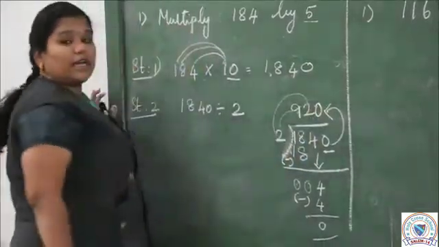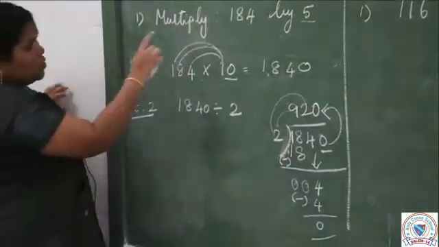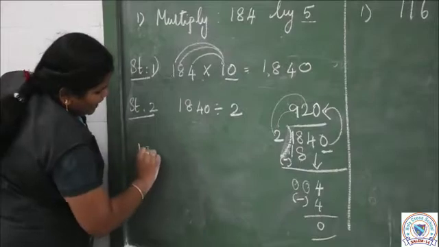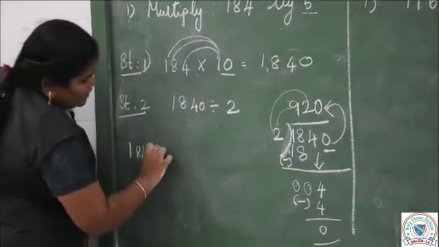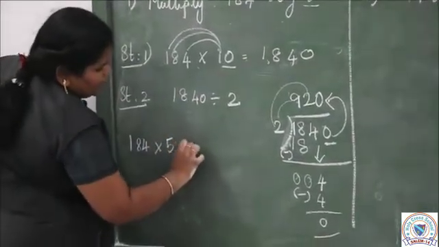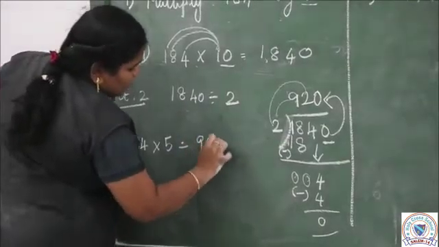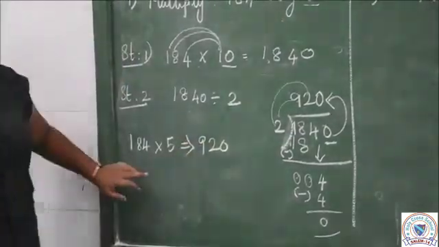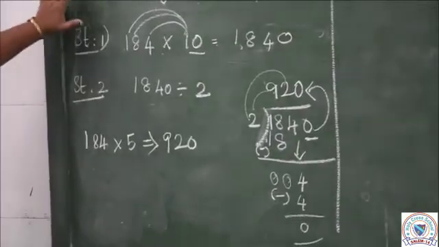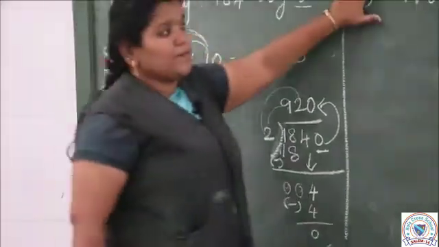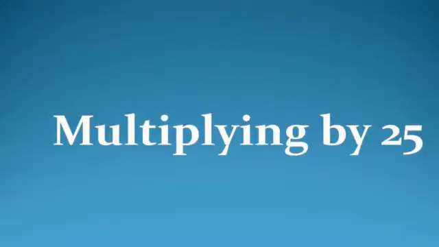That is 920. So 184 multiplied by 5 is equal to 920. That is the answer. Is it clear, children?